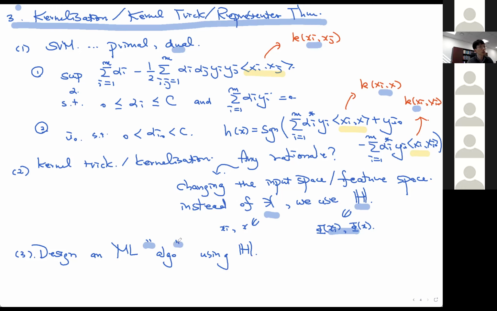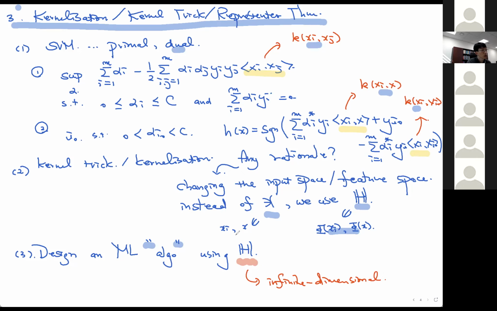But we might be in trouble because this is space H, and we are thinking that the H we used here may be infinite dimensional. So we cannot even represent each input in this Hilbert space.